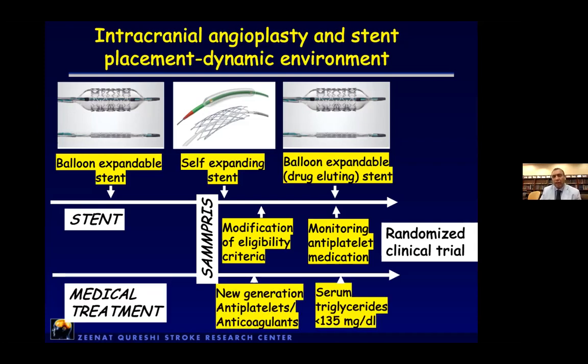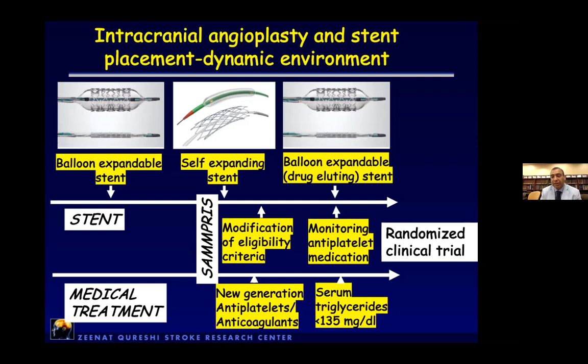But I think we also have to be aware that while stent placement has been a very dynamic field, medical treatment is not static. Medical treatment after SAMMPRIS has also evolved. So there has been a new generation of antiplatelet medication and anticoagulants that are being evaluated. So perhaps the medical treatment is going to be more effective now than it was in SAMMPRIS.